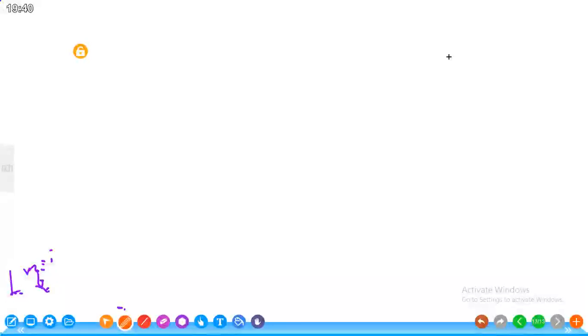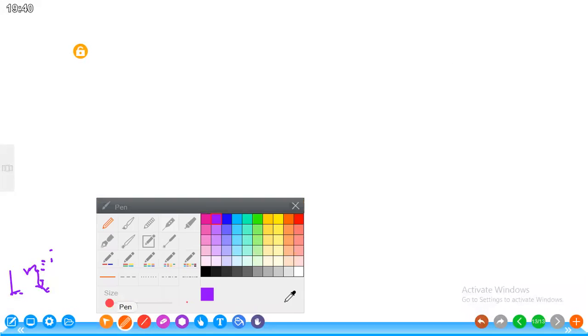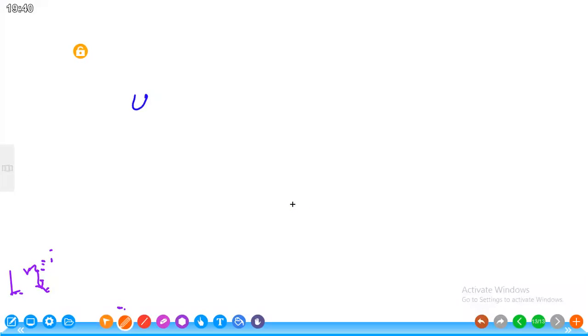Okay, students, continue. Sketch the graph of y is equal to -(x - 2) whole squared + 3.